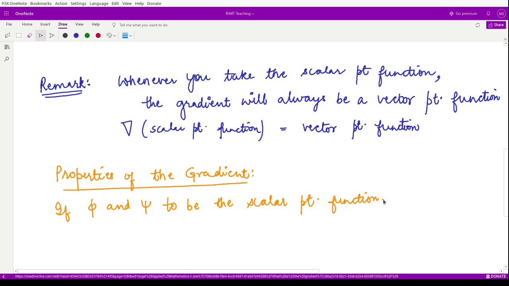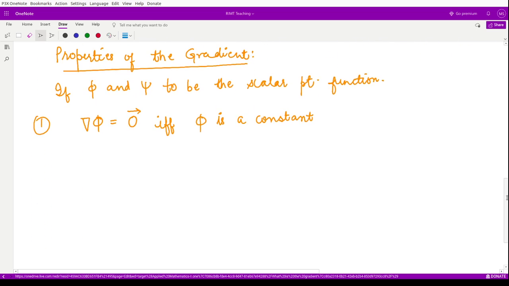Then the first property is: gradient of phi equals 0. This is a zero vector having magnitude 0 and no direction at all. This is possible if and only if phi is a constant function. Whenever a scalar point function is constant, the gradient is the zero vector, and conversely if the gradient is the zero vector, the function phi is a constant.